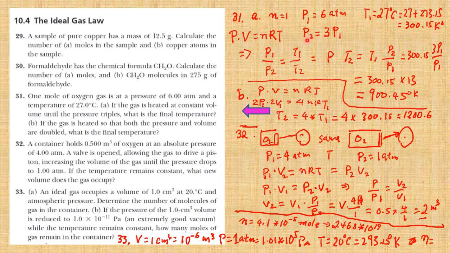Then P2: we want to triple the pressure. So P2 is 3 times P1, so of course it's 18, but we just leave it there.